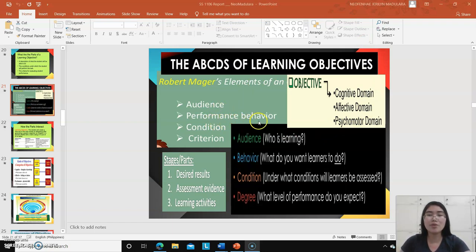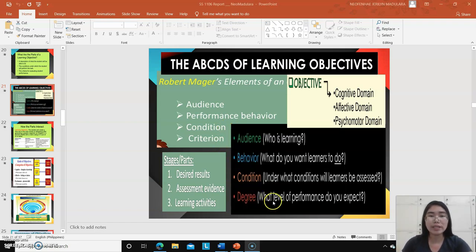Performance behavior, how they are going to demonstrate their learning behavior, through, they will be able to create an economic development plan. So that is an example of behavior. Next one, condition. How will it be performed? By using a timeline, by using a map, by using a rubric in performing that specific activity.